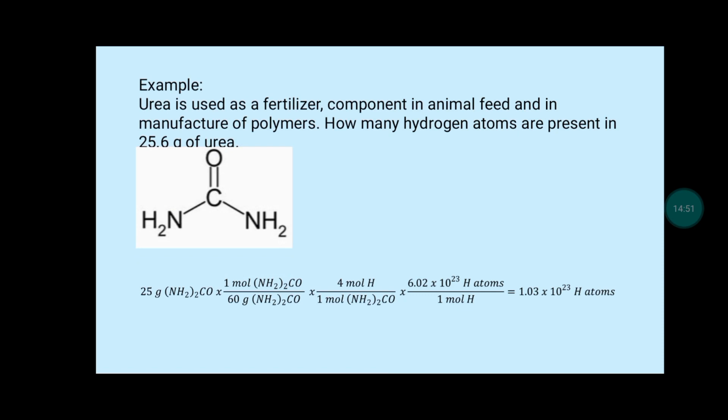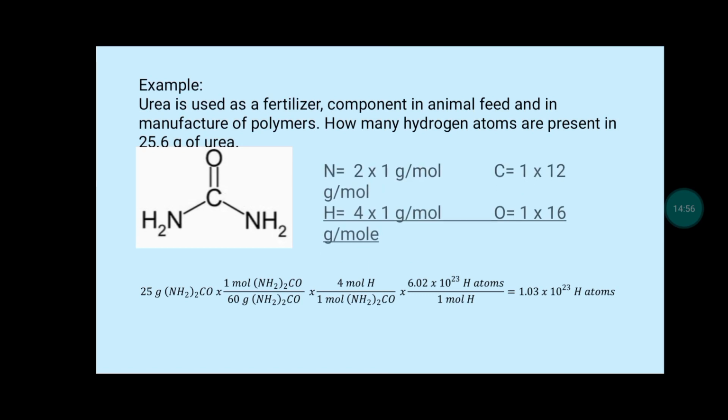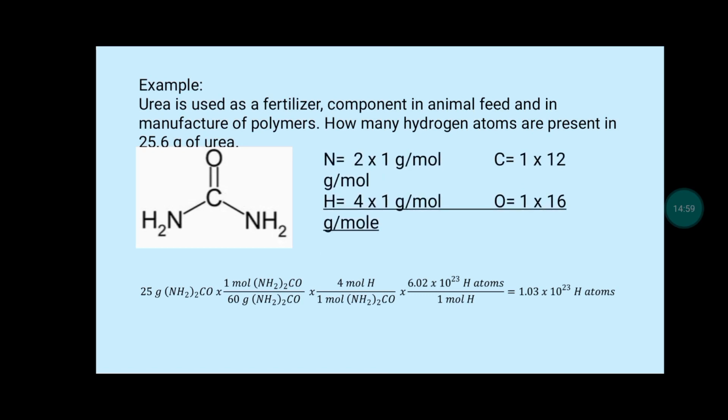So, here's the structural formula of urea. This is our solving of the molecular weight. Our N here should be 14. 2 times 14 gram per mole is 28, plus 4 times 1 is 4.